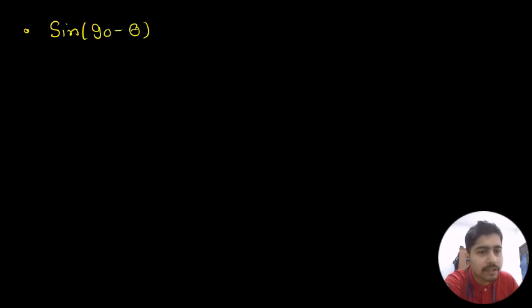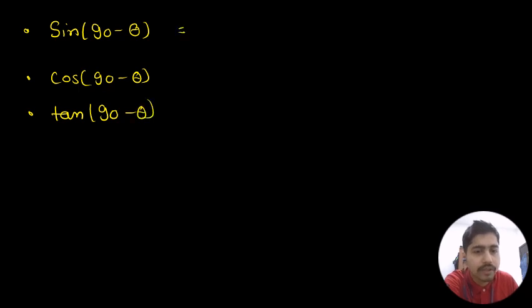Let's say we have sine of 90 minus theta, cos of 90 minus theta, and tan of 90 minus theta. This is for the first quadrant, where all are positive, so sine will change into cos, cos will change into sine, and tan will change into cot.